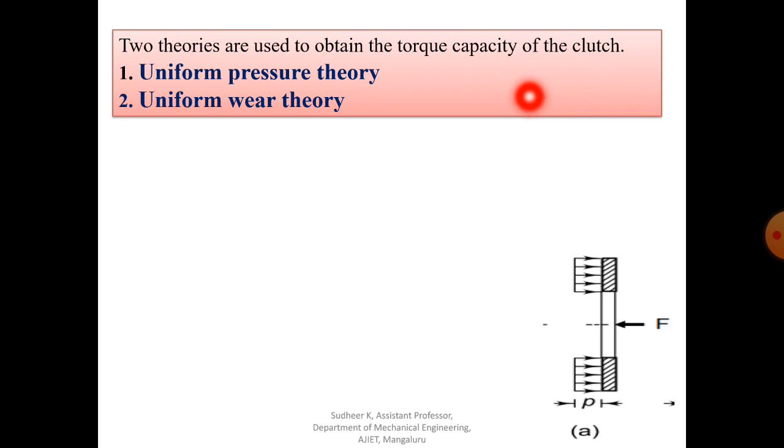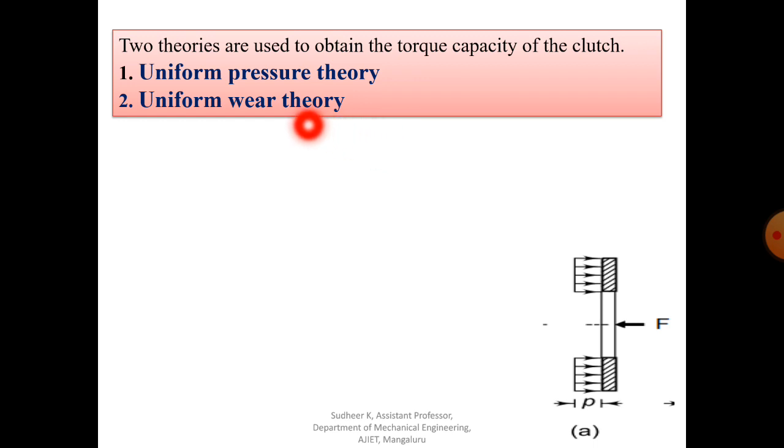With this assumption we use uniform pressure theory. Similarly, based on wear conditions, we use wear theory. Uniform pressure theory can be used for new clutches, and uniform wear theory can be used for old clutches. That is one of the major differences between these two theories.